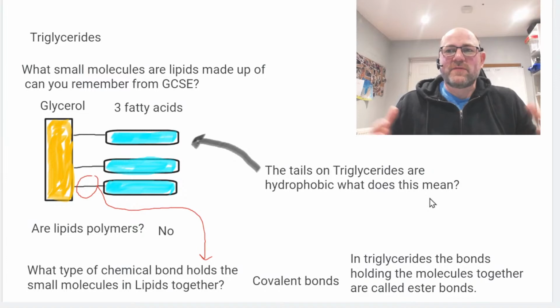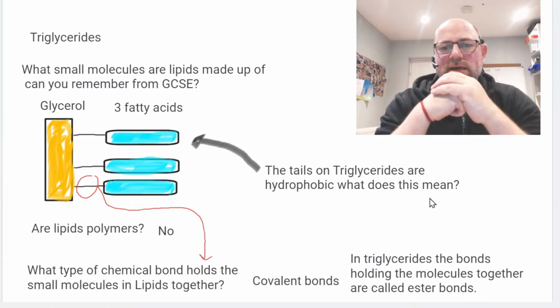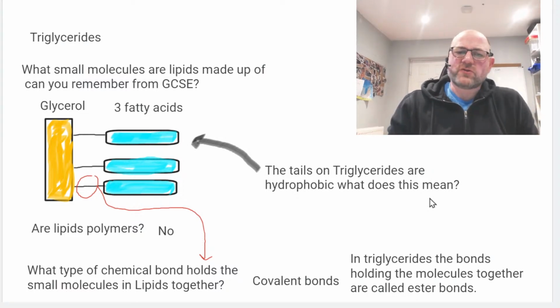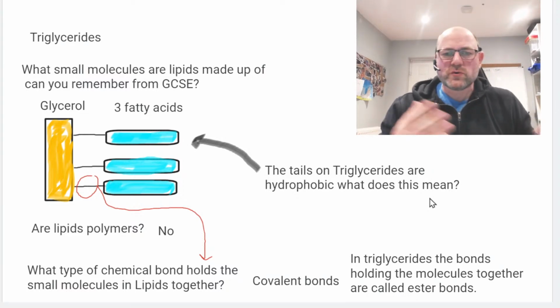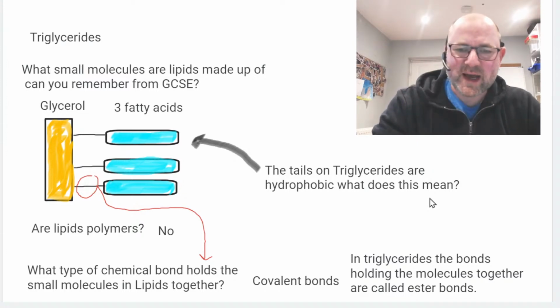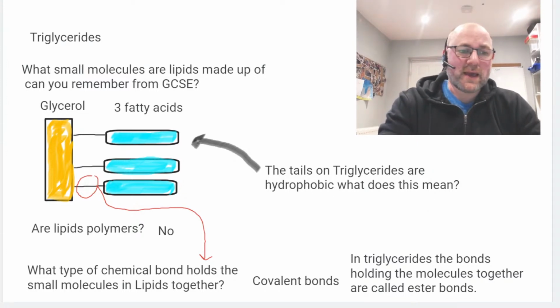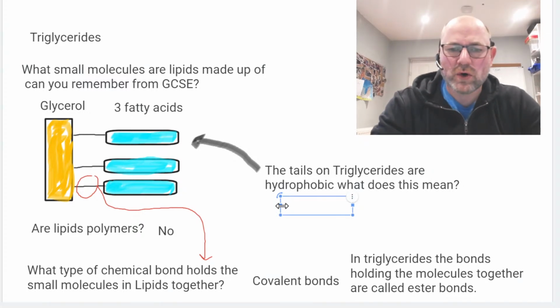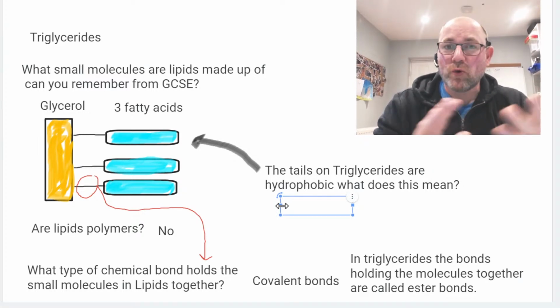You're scared of enclosed spaces. Or you can be hydrophobic. You might think scared of hydrogen, but it means scared of water. Of course, water has 2 hydrogen atoms in it. So hydrophobic means repelled or repulsed by water. So doesn't like water, water hating.